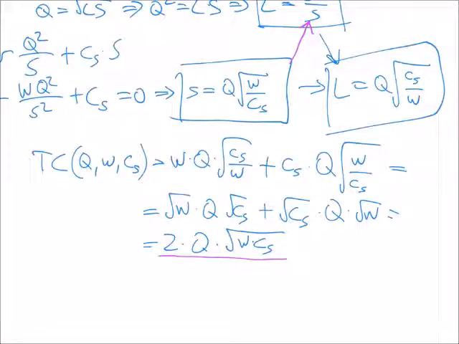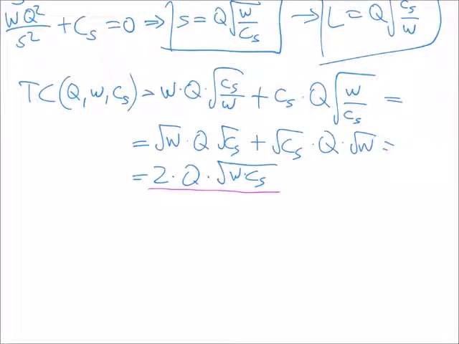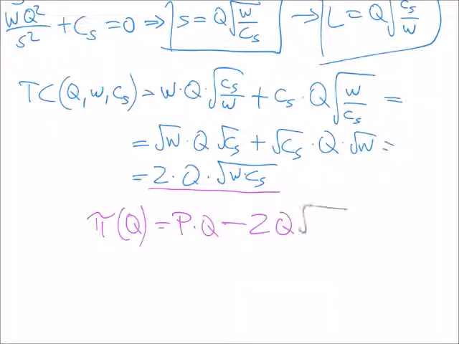So now you could say, let's maximize profit. What's total profit? Profit as a function of Q, and I'm not going to show that it's a function of wages and the cost of software here, but it would be output price times Q minus 2 times Q times square root of WCS.